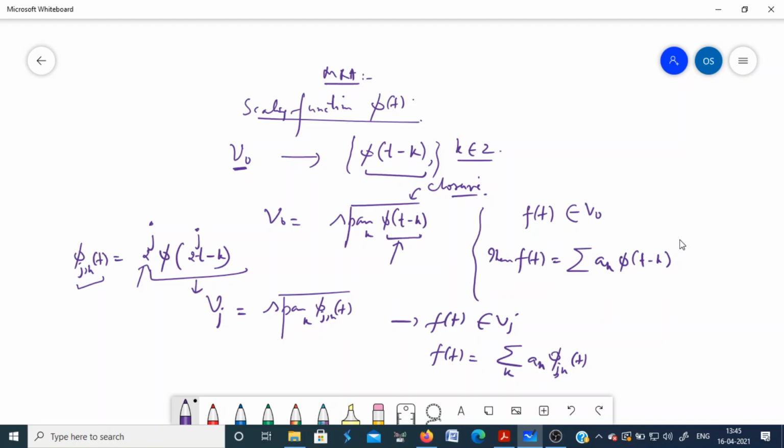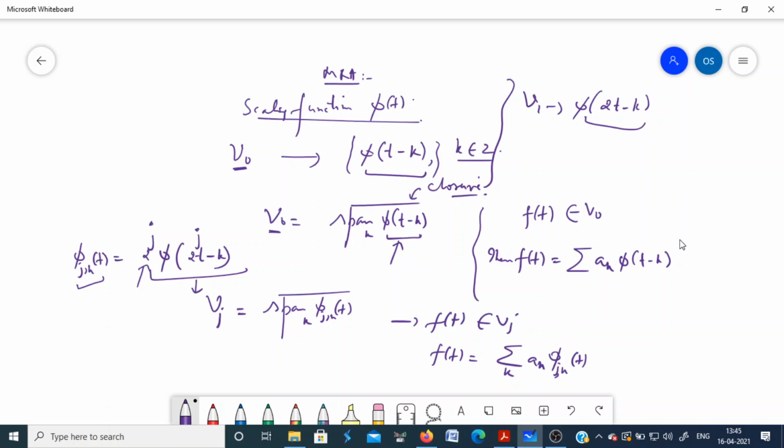Now suppose v naught is the space for phi of t minus k. Then we define the space v1, which will be, for j equal to 1, phi of 2t minus k. It means you have scaled this scaling function, compressed it by a factor of half, and then you translate it in half steps.